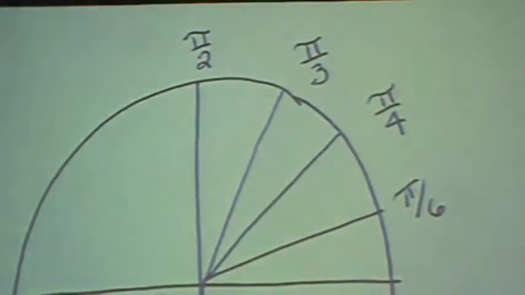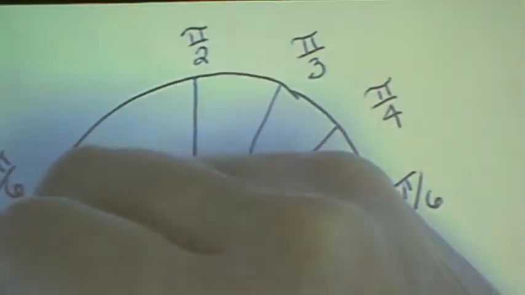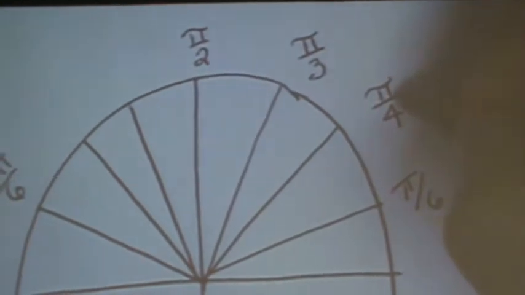So if we did, this is pi over 6, and then pi over 3, and then we have pi over 2. Here's your 5 pi over 6. We've got 1/4, this is 3/4, and 1/3, this is 2/3.